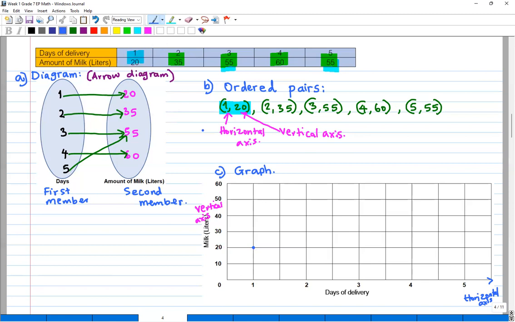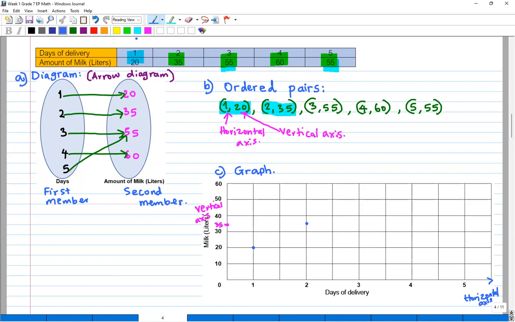Okay. Now we go to ordered pair 2, 35. So this is 2. Now we need to look for 35. 35 is between 30 and 40, so it means that 35 is around here. So this is 2 and 35 around here.